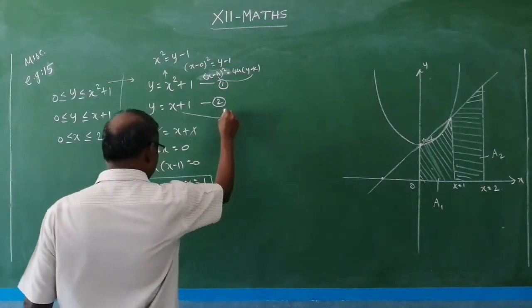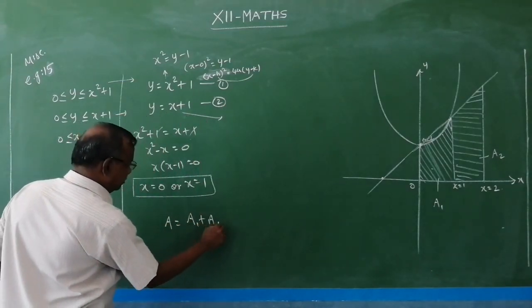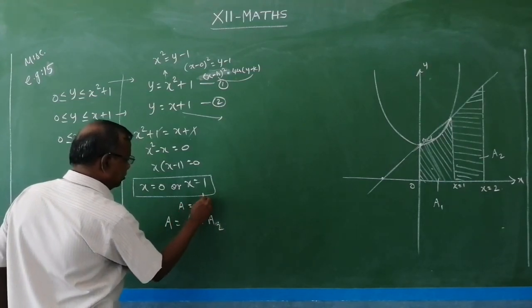Here A consists of A1 plus A2, where A = ∫ y dx.